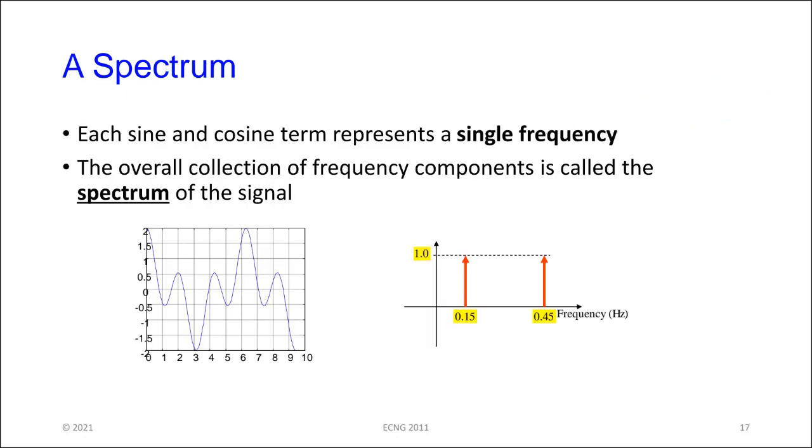So if we go on here now, each sine and cosine term represents a single frequency, right? This frequency is either the fundamental or the harmonics of the fundamental, and the collection of them is what we call a spectrum. You've heard the term before, way back when you started to do your physics. Light, you pass white light through a glass prism, and it breaks up and you see the lights coming out.